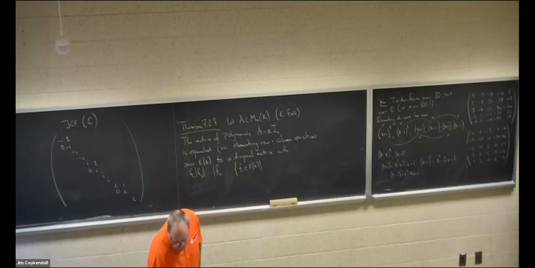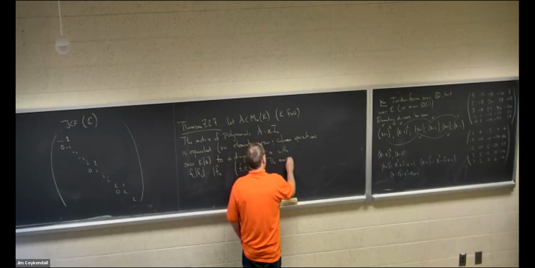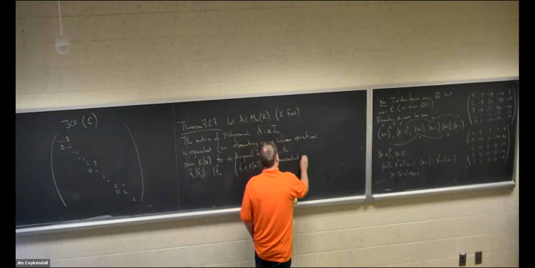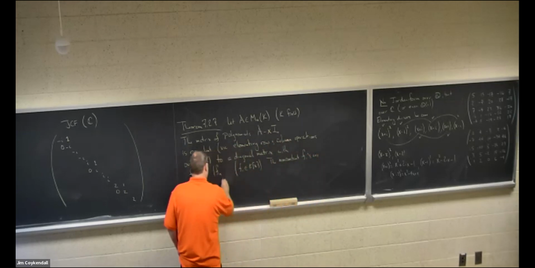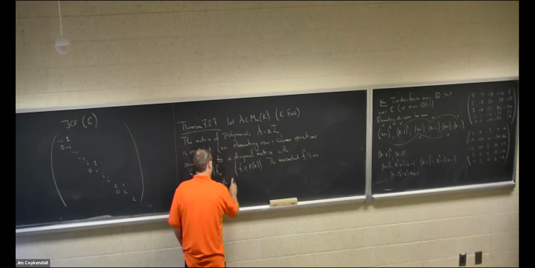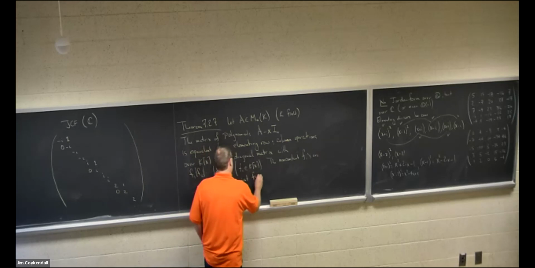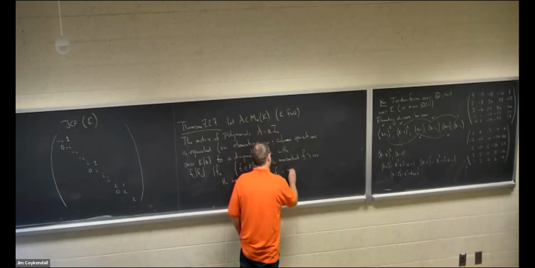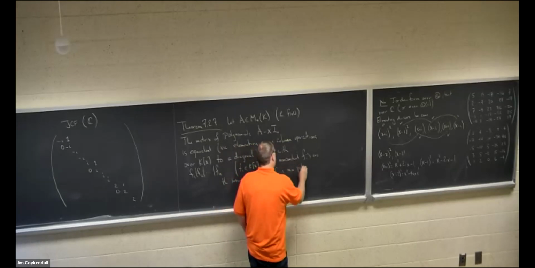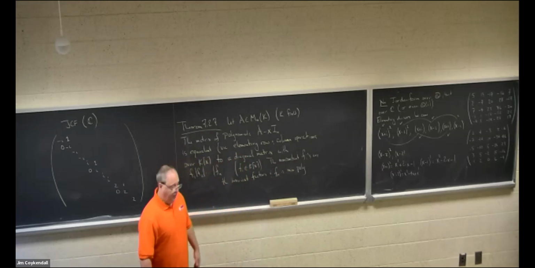The non-constant polynomials f_i are the invariant factors. And f_n is the minimal polynomial. And the product of all of them is the characteristic polynomial. So the degrees of all these should add up to n.